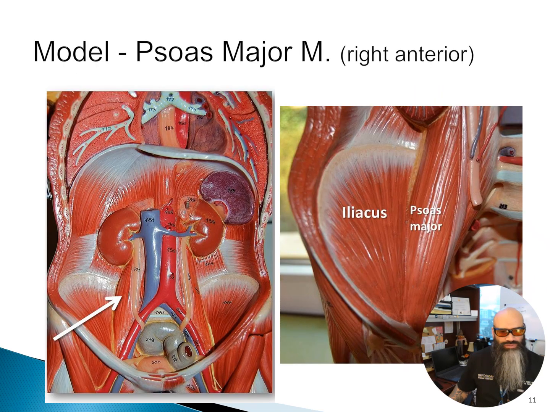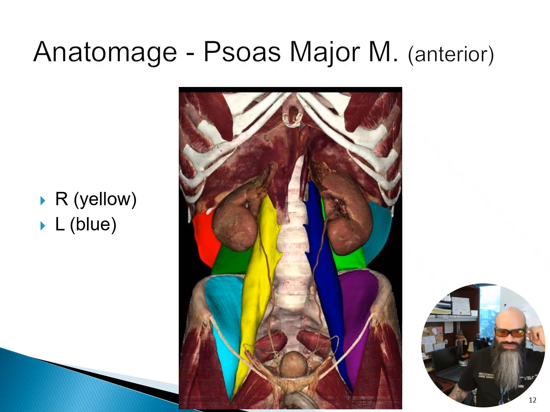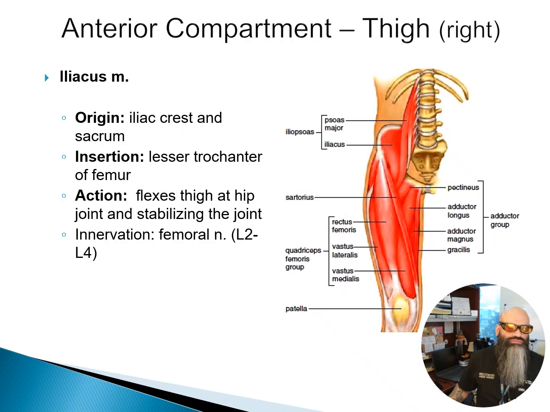So here are some more diagrams to show you the iliopsoas major and the iliacus found within; these two combined make the iliopsoas. Here are some more diagrams for you as well. So iliac crest and part of your sacrum, lesser trochanter, help with hip flexion. That's what I'm concerned about.